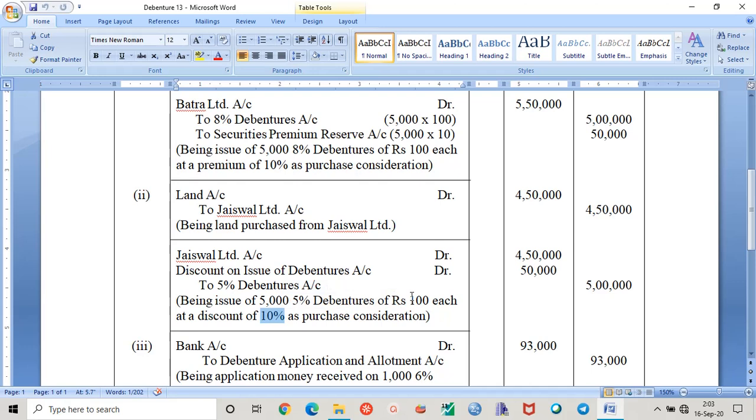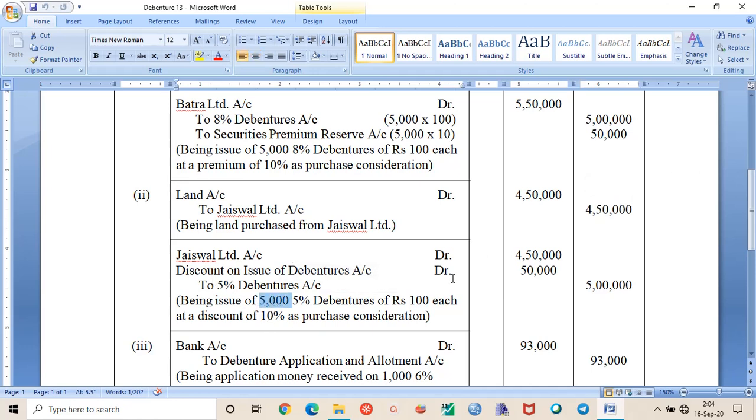So let us assume that the face value of each debenture is 100 because it is not mentioned here. So 100 minus 10 will be how much? 90 rupees. So this 4,50,000 divided by 90 will be 5,000 number of debentures.